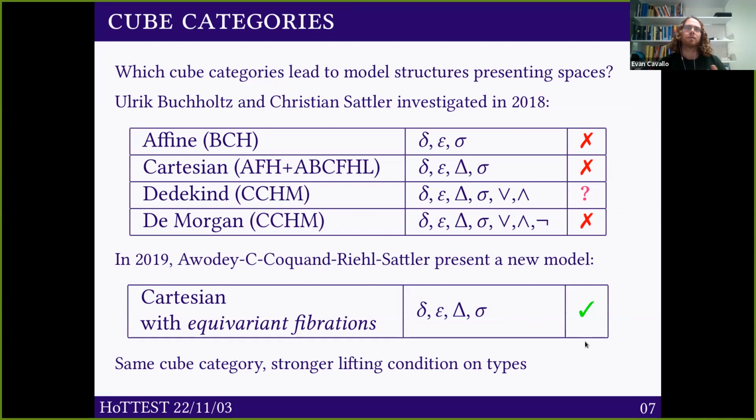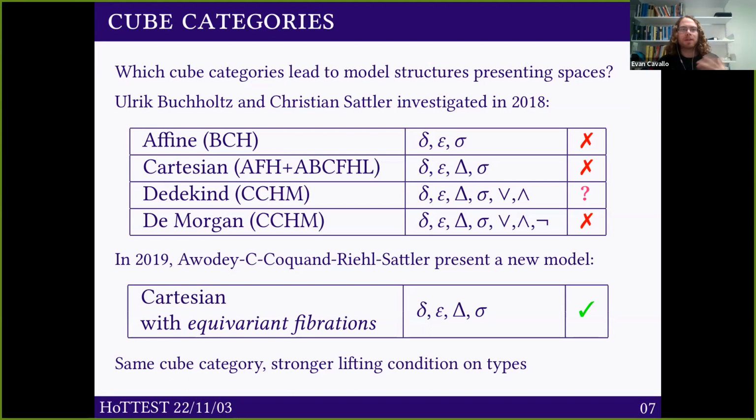There's fibrations, which are one part of the definition of a model structure, and this has a slightly different definition of fibrations. If you remember in the model of type theory story, the fibrations correspond to what we're interpreting types as. So it's the same cube category as before, but with a stronger lifting condition on the types. So that's cool.